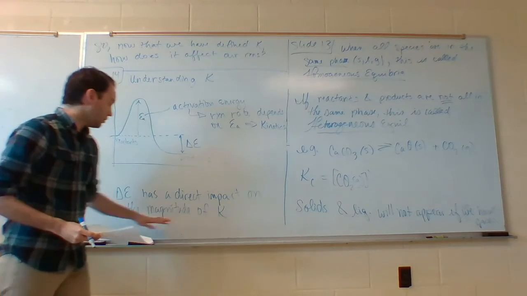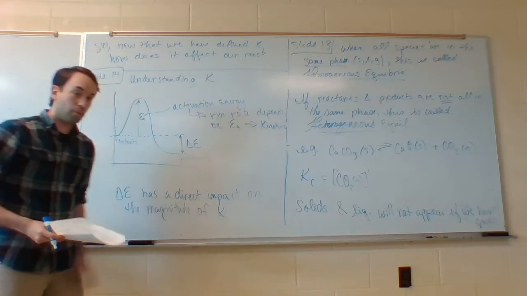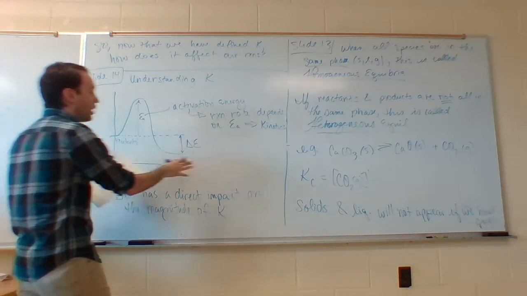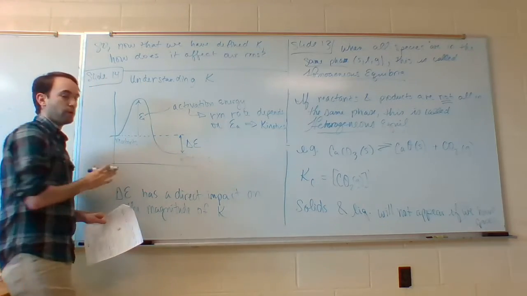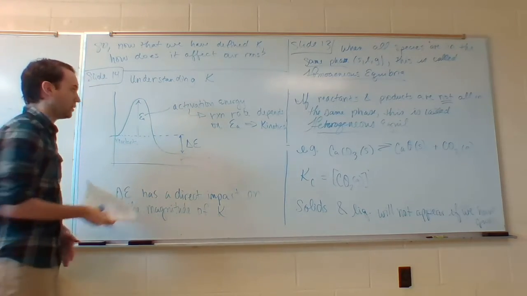So, as delta E changes, so does our equilibrium constant. So, that's telling us a little bit about whether or not we favor the products or the reactants, which is something that K directly tells us.